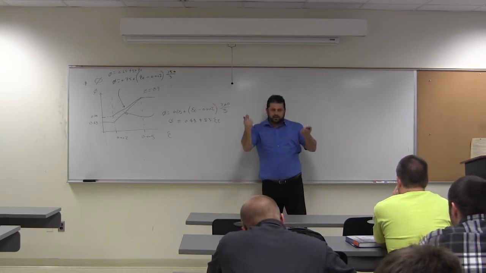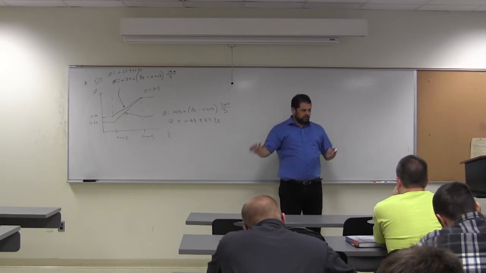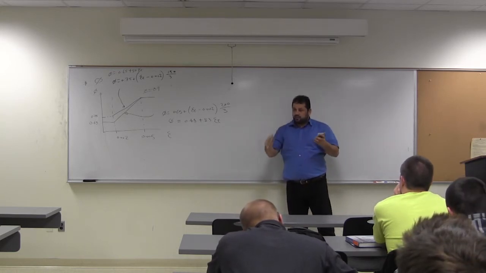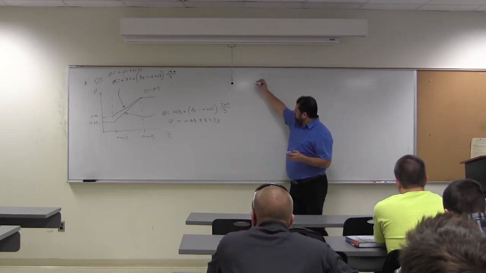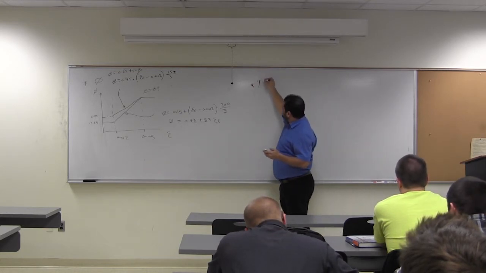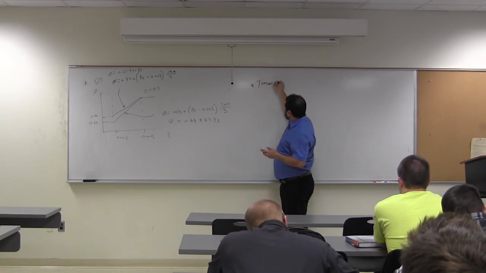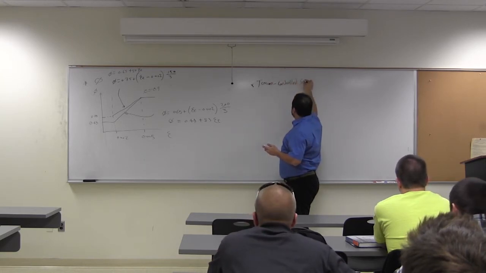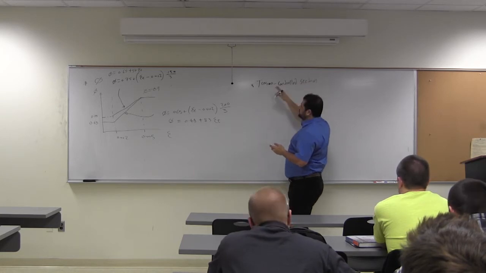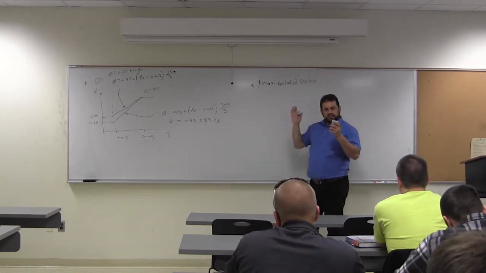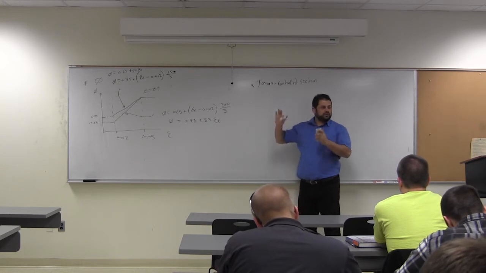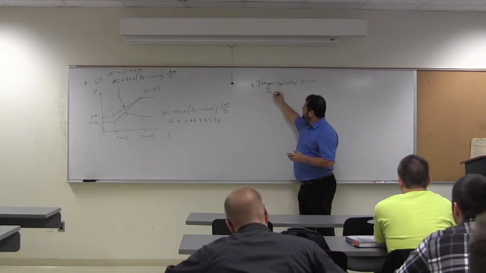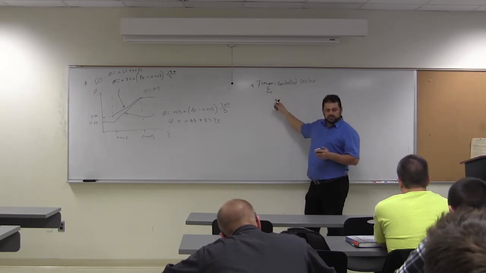Good? Now, going back to the singly reinforced beams. We said there is some terminology in terms of the failure mode, right? We said there is something called a tension controlled section. What do you know about it, guys? When I tell you tension controlled section, what is epsilon in the tension steel at ultimate?